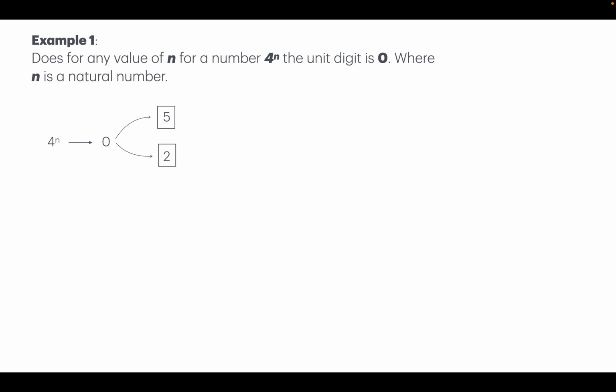If I want to apply the fundamental theorem of arithmetic to 4 to the n, then 5 and 2 are going to be there, because this number ends with 0, and if it ends with 0, 5 and 2 are going to be there. If I can write any number as the product of its primes, and 5 and 2 are primes, then 5 and 2 are two of its prime factors.